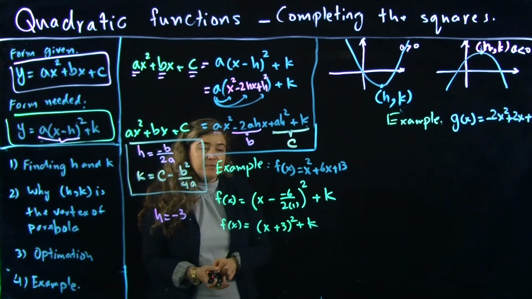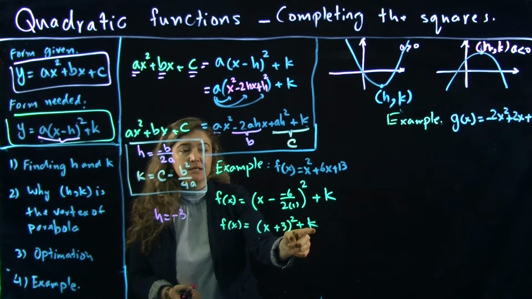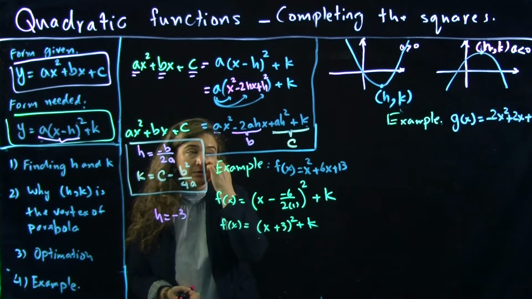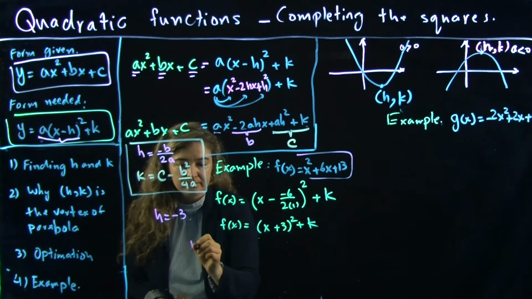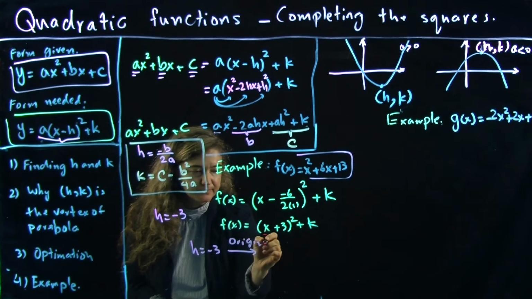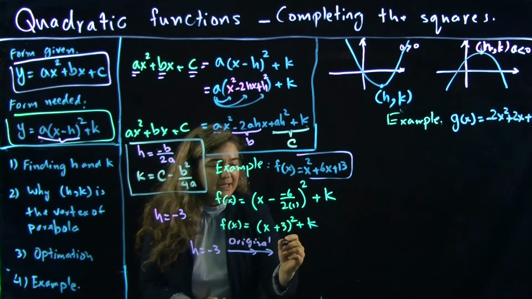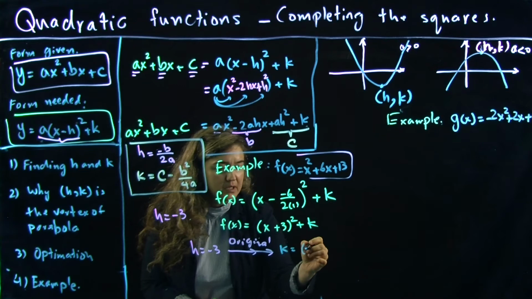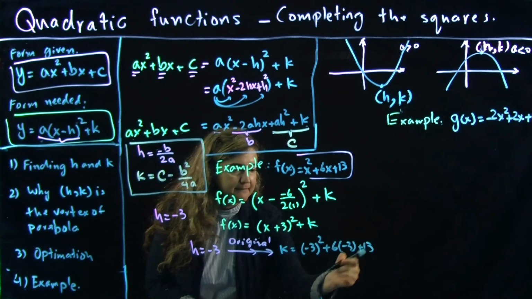Now, the next step is to find k. One of the easier ways of finding k is to plug h equal to negative 3 back into the original. So if I go back to the original and find the y value for that, k is going to be equal to negative 3 to the power 2 plus 6 times negative 3 plus 13.